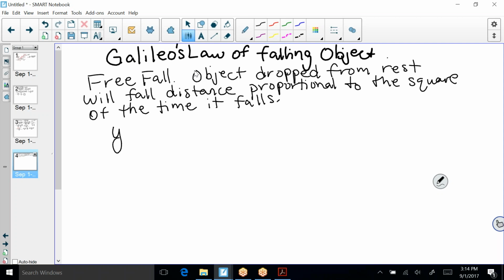So what he was saying is that y is going to be equal to 16t squared.